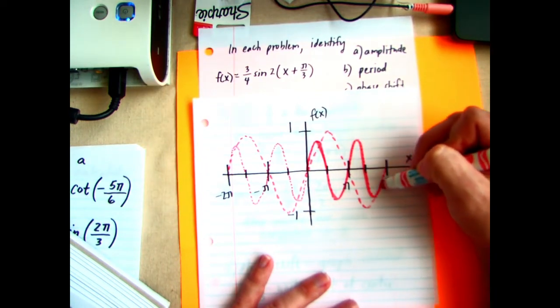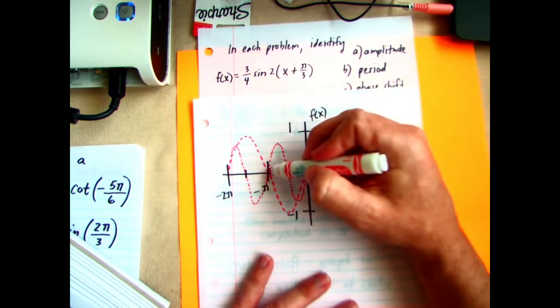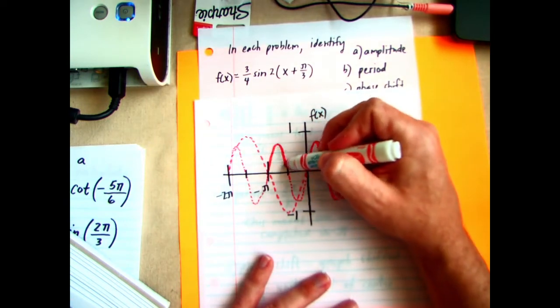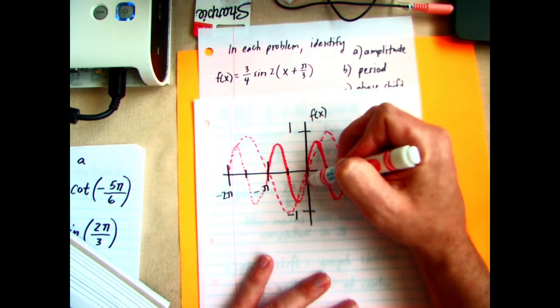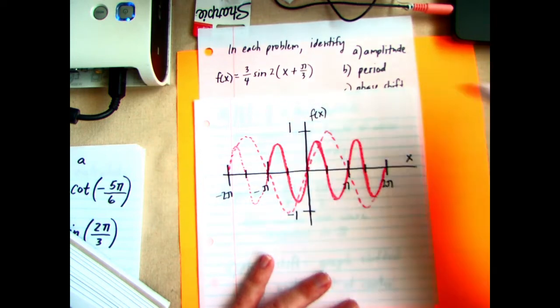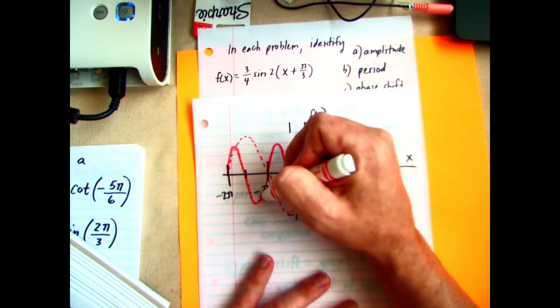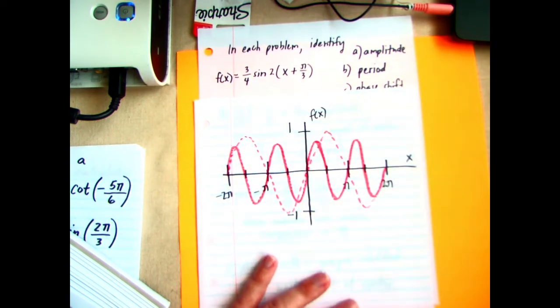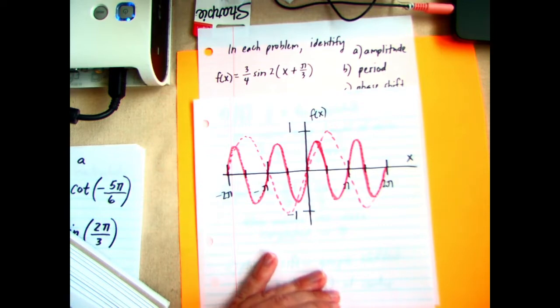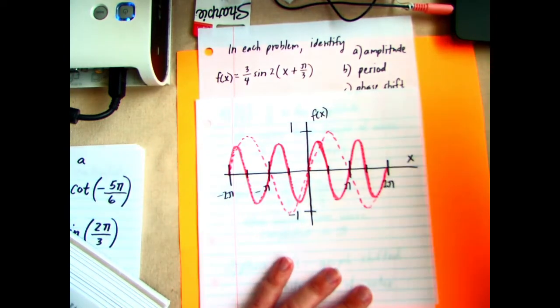Alright, so after I finish this up, making it solid red, you'll see the total difference between the original graph and the new one. So this one hasn't applied our phase shift yet.